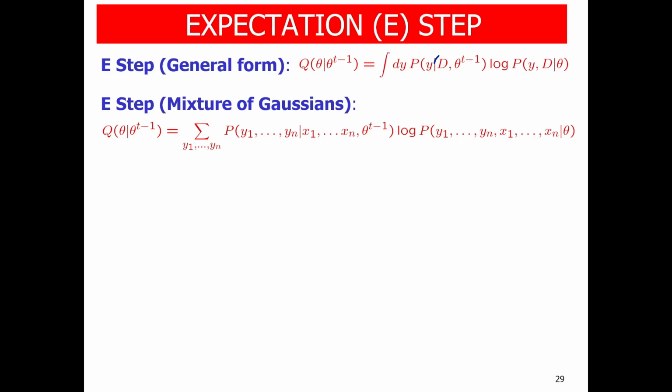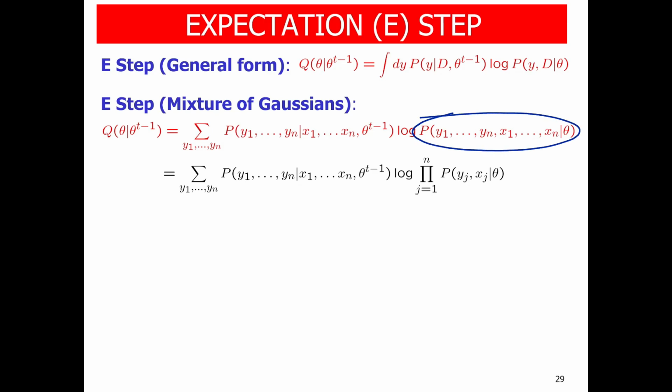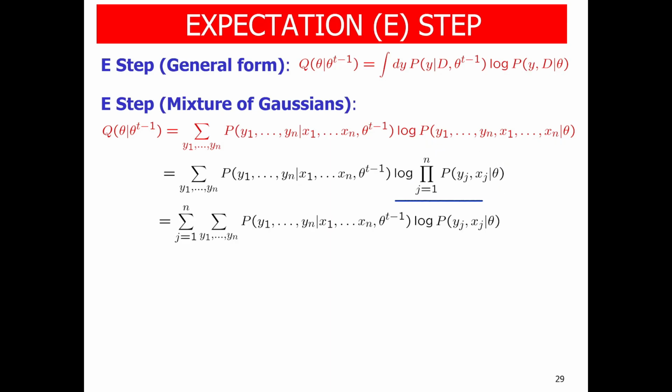The data D is just a collection of x1, x2, and so on xn, so we can rewrite the function Q into this form. We assume that the data points were generated independently, so this probability here will be just the product of the marginal distributions of the yj, xj quantities. The log of a product of some items equals the sum of the log of those items, therefore we get this expression.